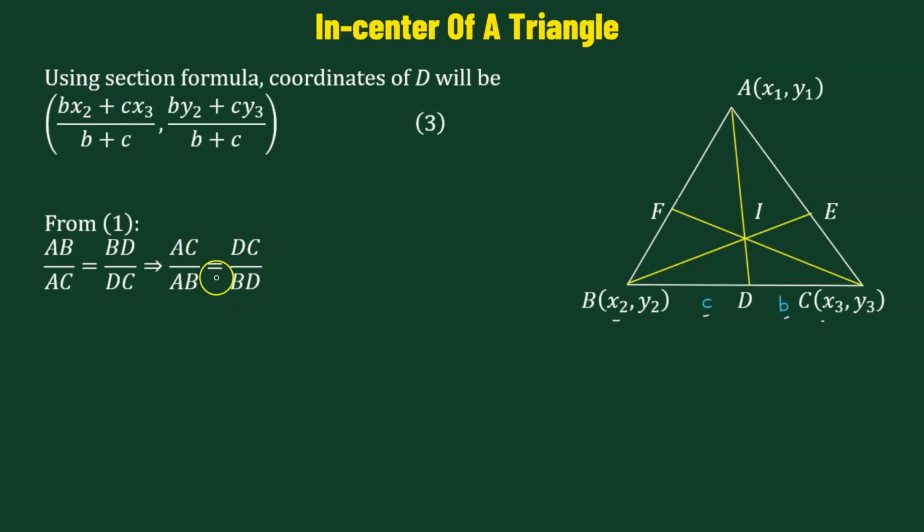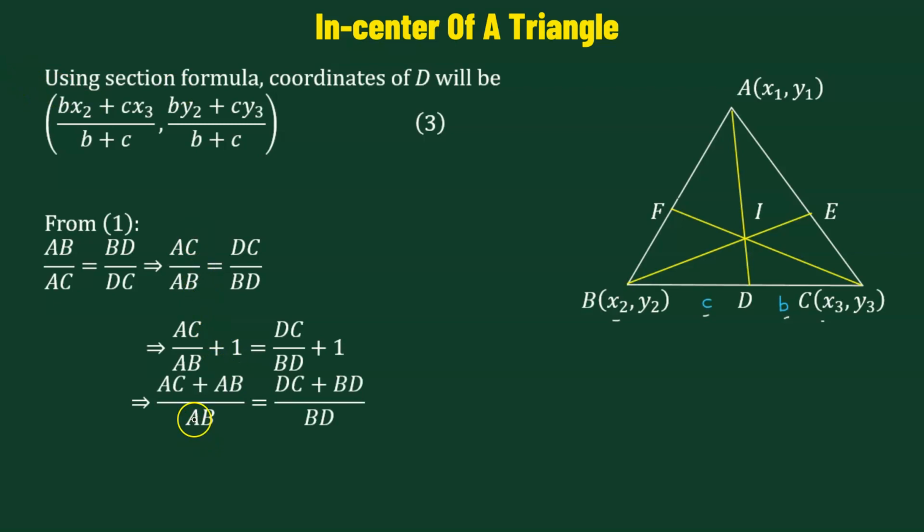We're going to add 1 to each of the ratios on both sides. That gives us AC over AB plus 1 equals DC over BD plus 1. Let's combine them with 1 on both sides. Now we have the value of AC, so let's note it down.